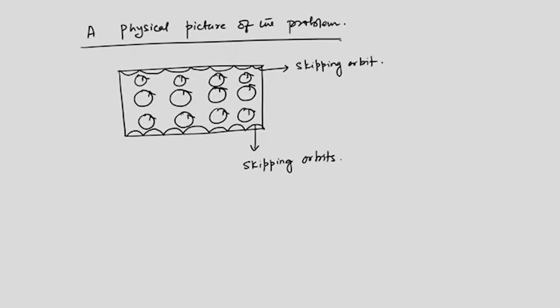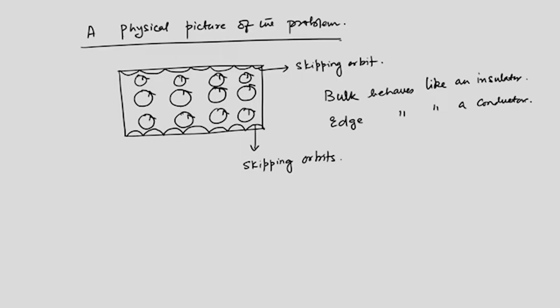That's why the bulk of the system, the interior, behaves like an insulator because it doesn't conduct, and the edge behaves like a conductor.